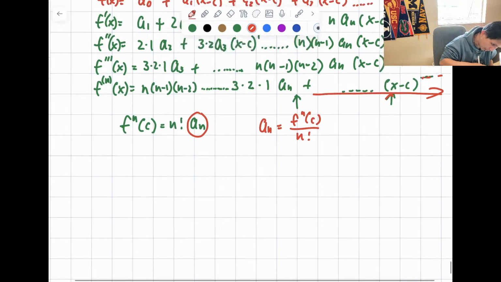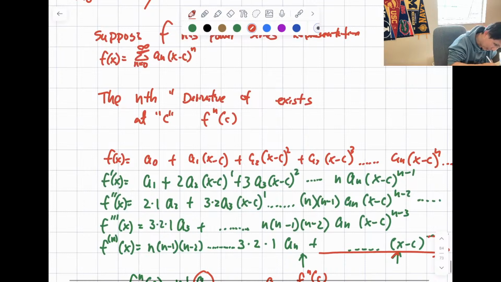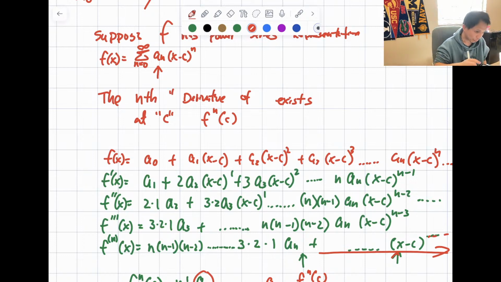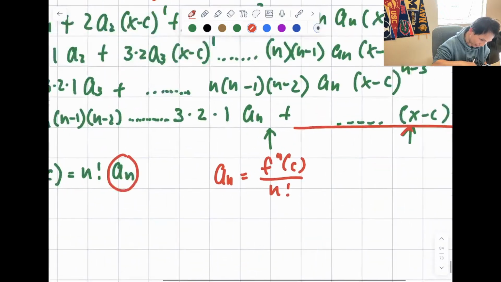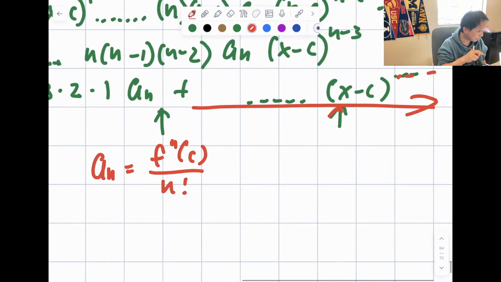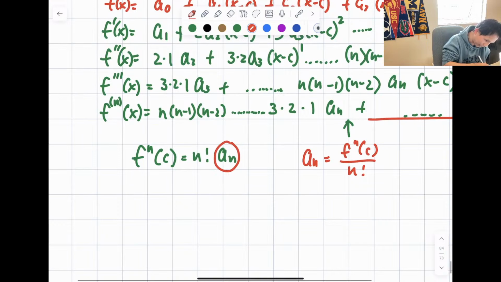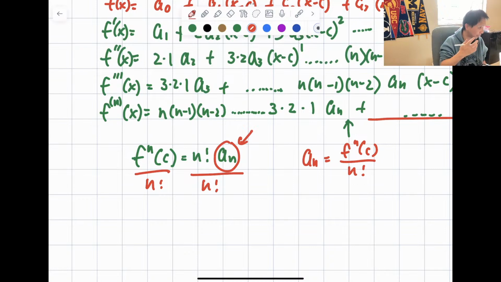Because look here, if I take an nth derivative, we find the series, the a_n. Now the a_n is going to be f^(n) of c, plugging in c, over n factorial, because if I divide both sides by n factorial, this is what I'm trying to look for. I'm trying to look for what is a_n.